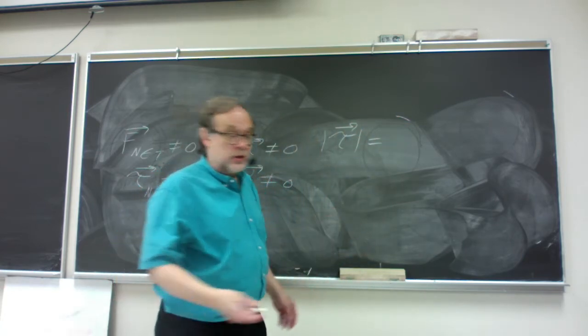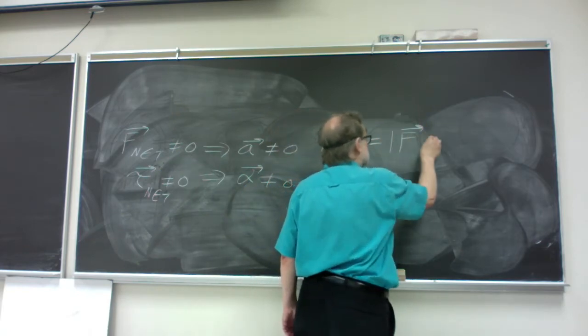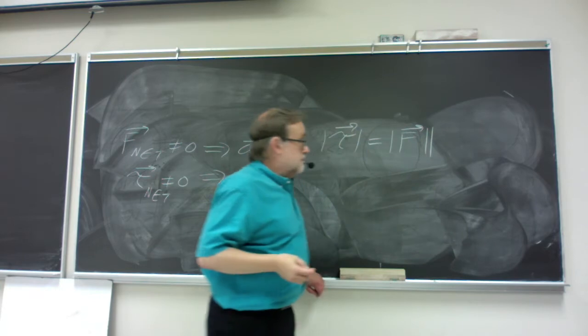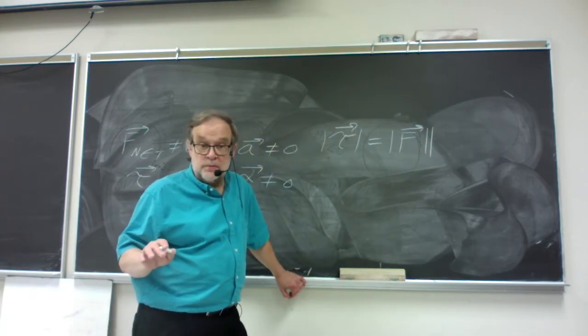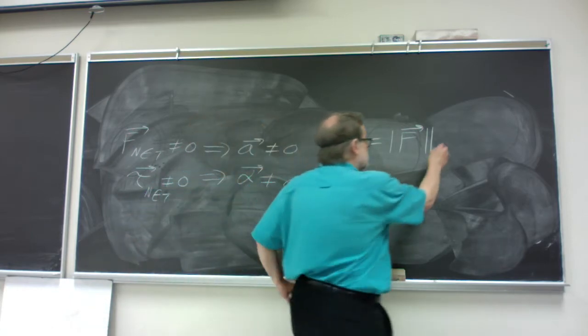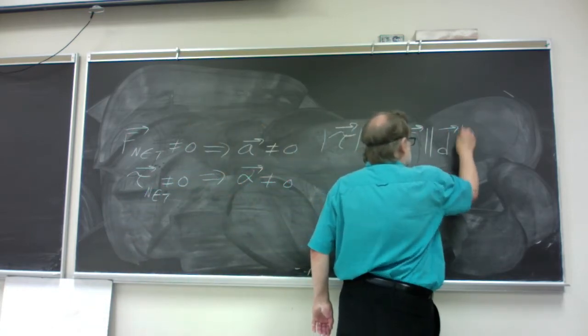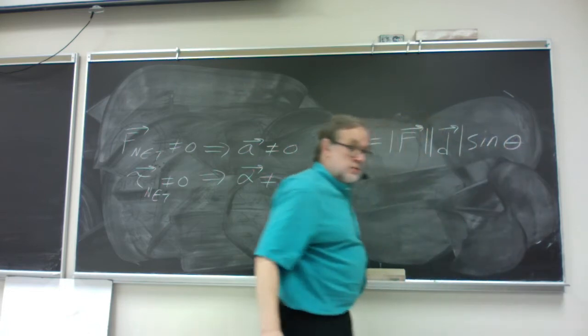So one factor here is just the magnitude of the force. And then the next factor is the magnitude of some kind of a displacement vector. We'll talk about what that specifically means in just a minute. And then the third factor is the sine of an angle. So what does that mean?